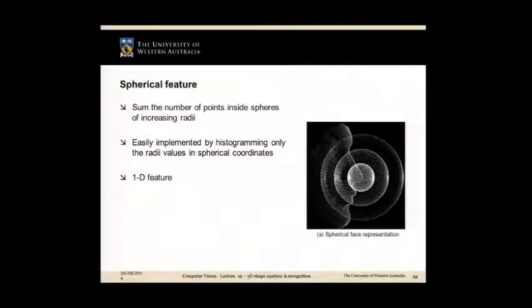So let's say you start at a radius of 2. You compute the points. Then you slowly increase the radius of the sphere, and again find the number of points that fall inside that sphere. Then you increase the radius again and compute the points that lie inside the sphere.